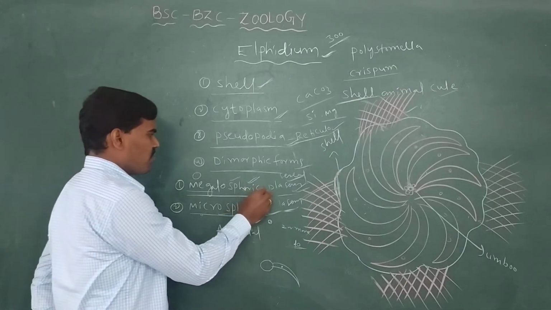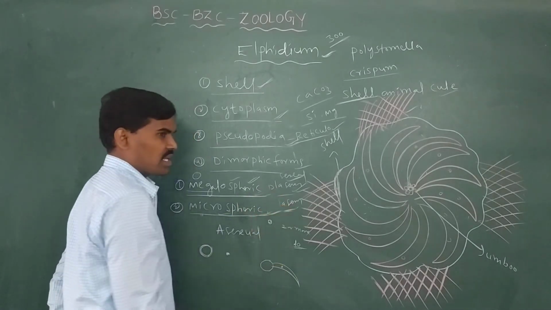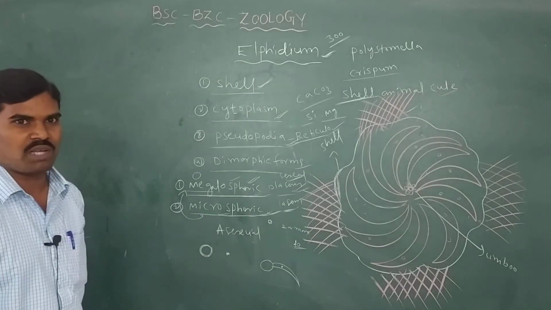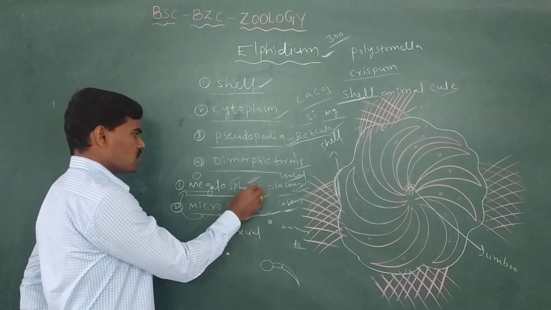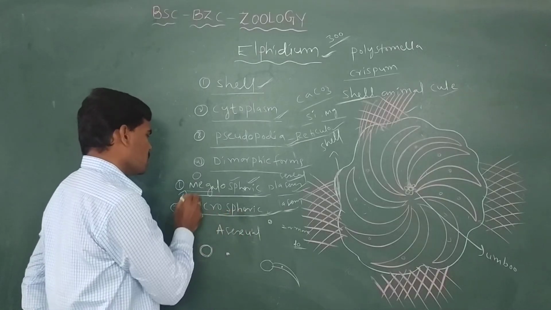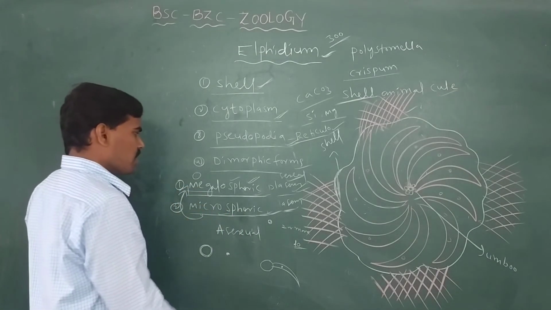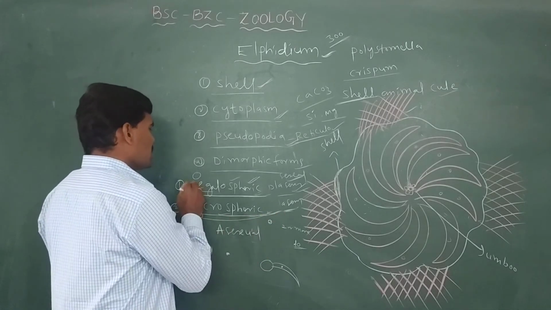The megalospheric form is formed by the microspheric form, and the microspheric form is formed by the megalospheric form. Sexual reproduction alternates with asexual reproduction, and asexual with sexual.